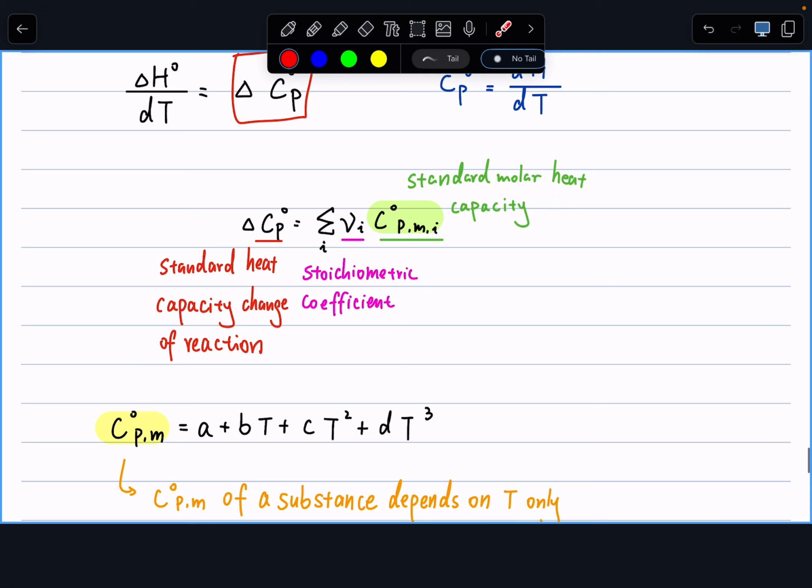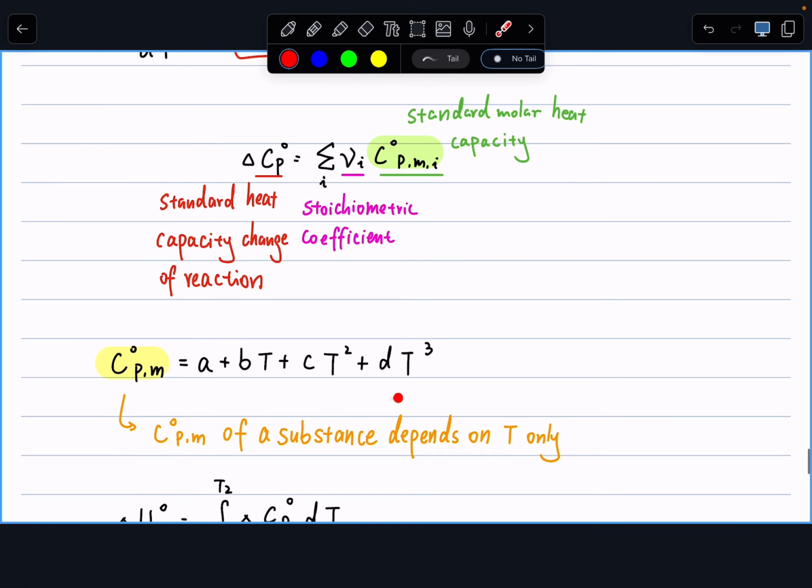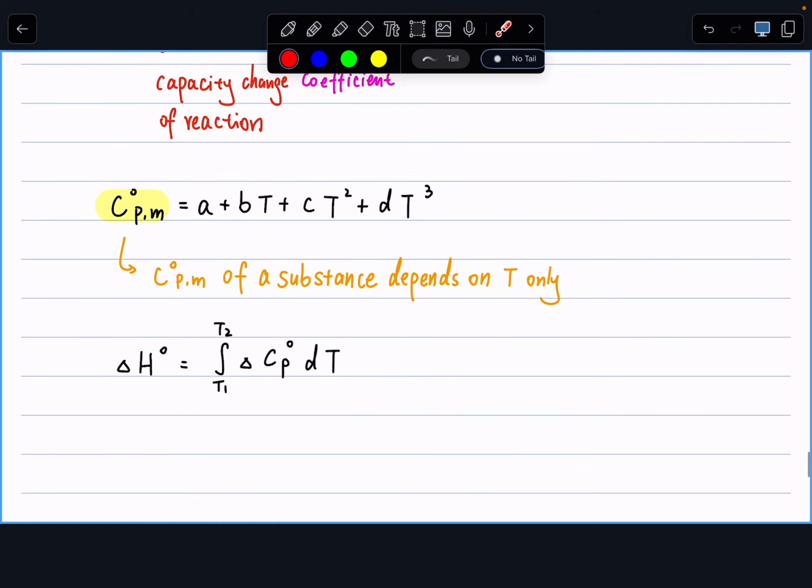Also, the standard molar heat capacity can be expressed as a function of temperature. This is not generally true, but what it means is the standard molar heat capacity of a substance is only dependent on temperature. And later on, you have delta H naught equals the integral from T1 to T2 of the change of your heat capacity of the reaction dT.